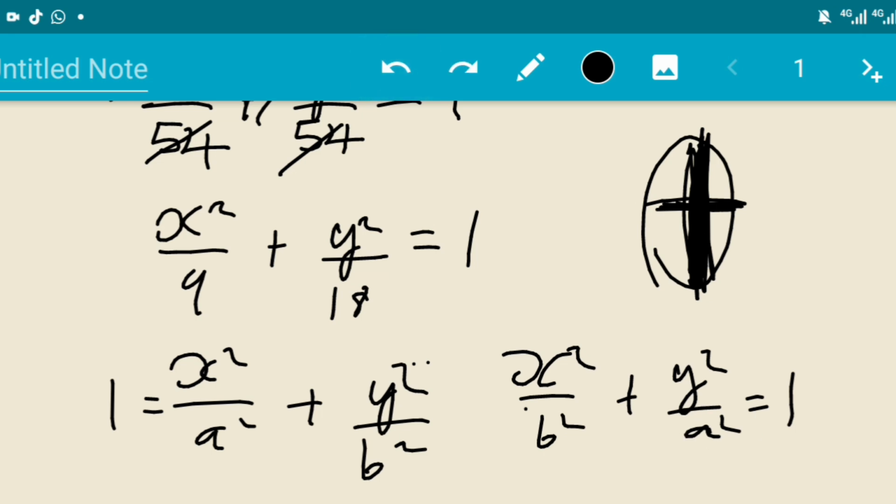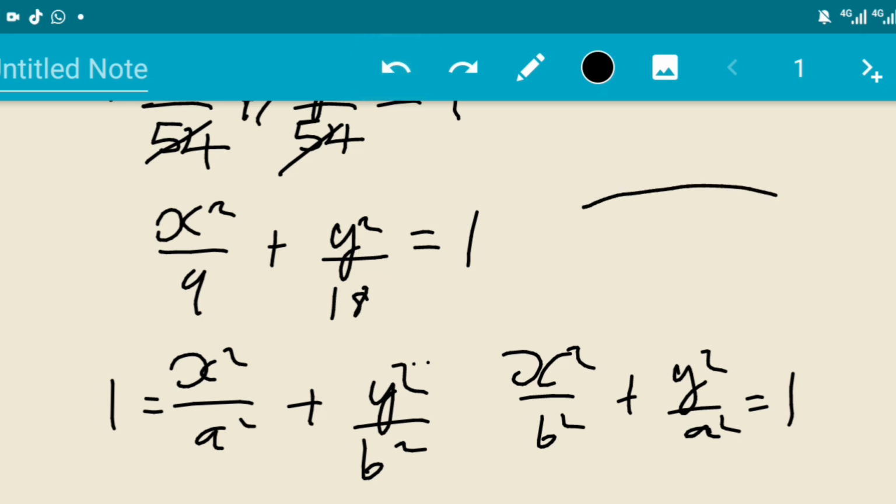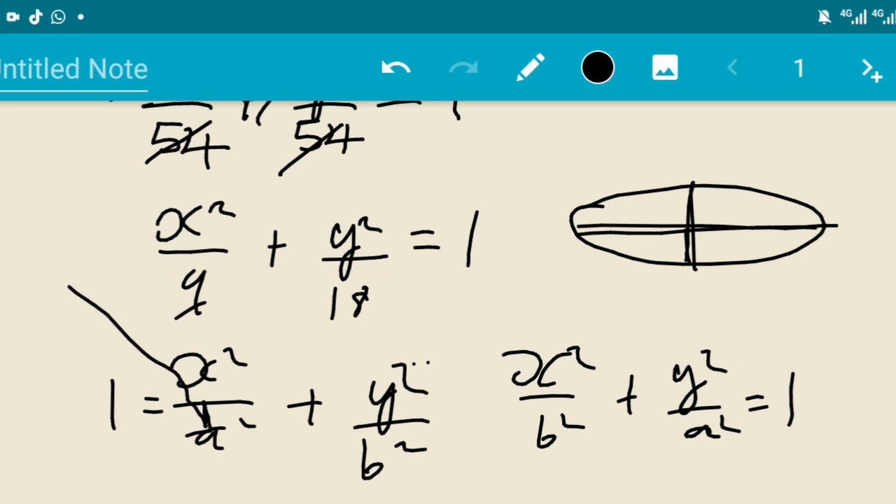Because in the x-axis, that's the minor axis, for that reason we have our b here. For this one, however, the orientation of the graph is like this. Why? Because the major axis is in the x-axis, so that is why we have an a under x, and then a b under y. So that's just the revision.